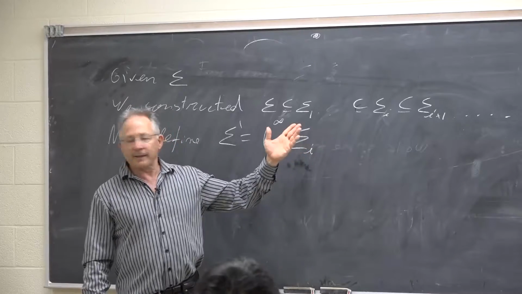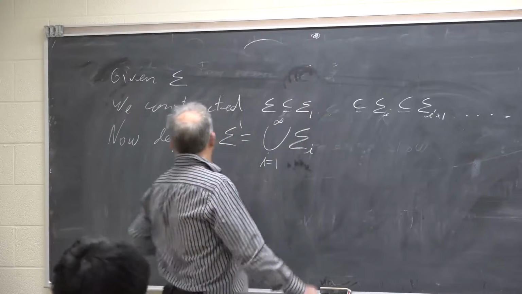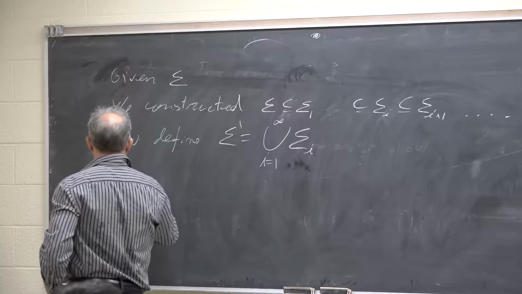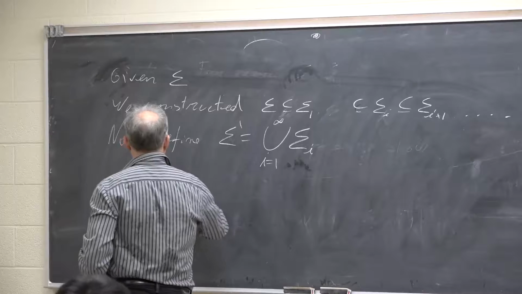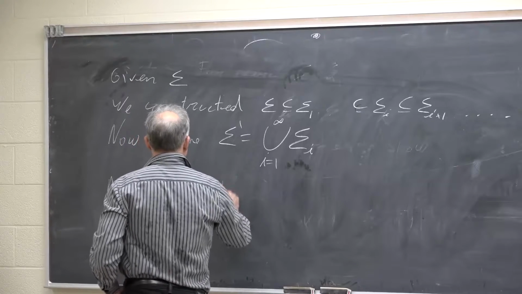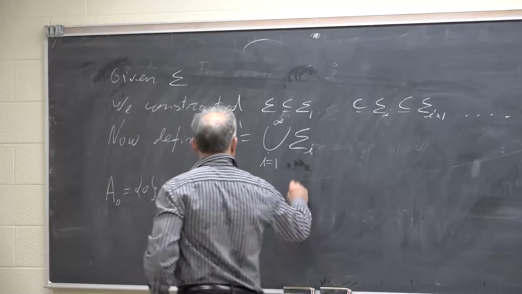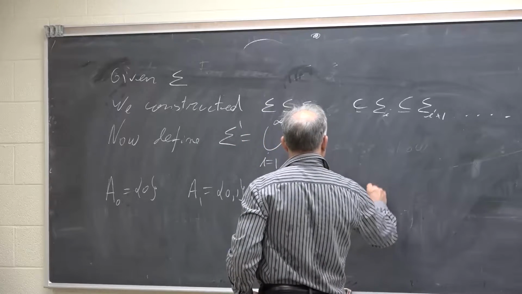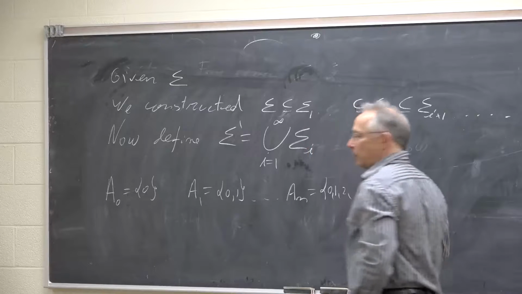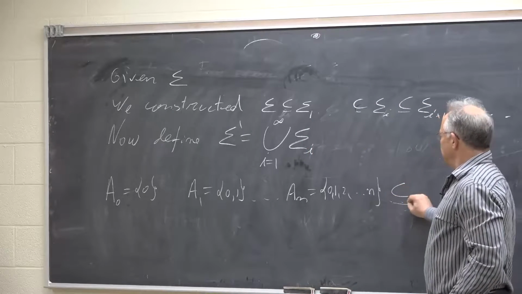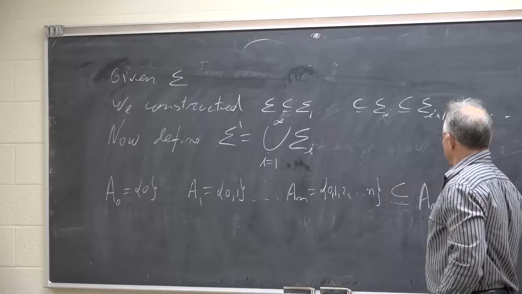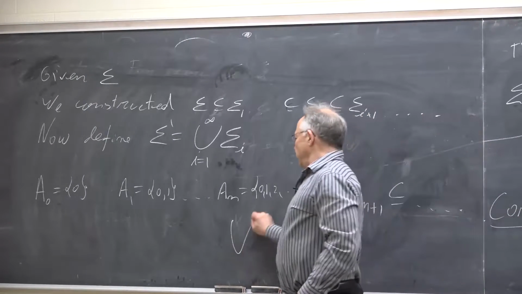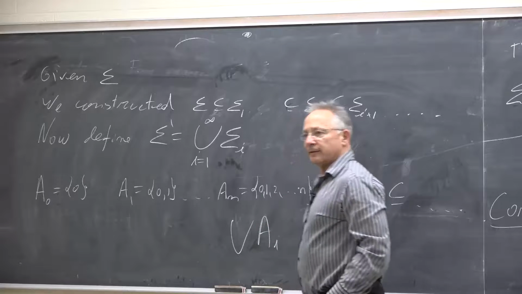Think of it as this example. Think that your A0 is just 0, and A1 is 0, 1, and AN is 0, 1, 2, up to n, and so on. So we have this property that AN is a subset of AN plus 1, and so on. What is the union of all of those AIs?